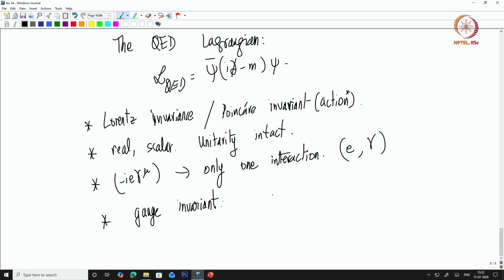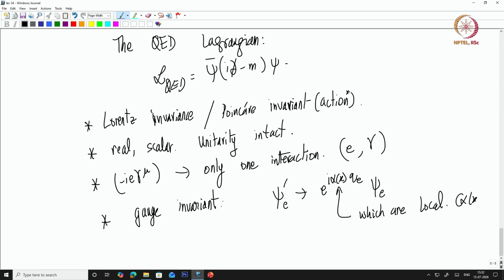That means under arbitrary phase rotations of the electron field, psi going to e to the i Q alpha psi, which are local, meaning that alpha is a position dependent quantity, alpha of x, this entire Lagrangian is invariant.